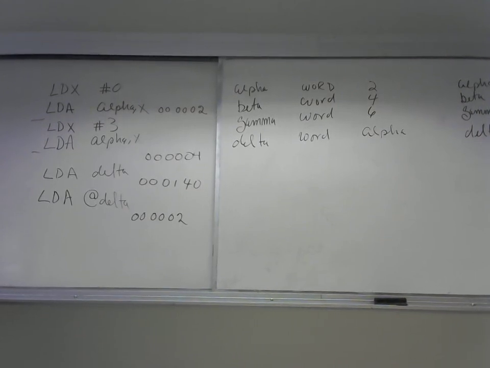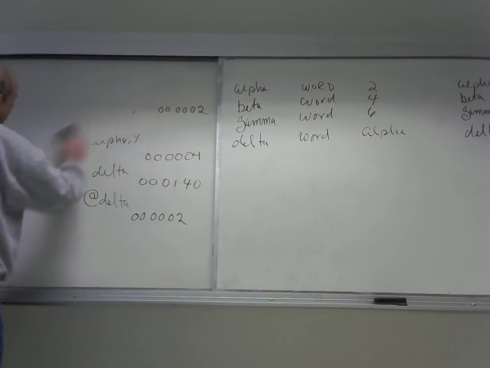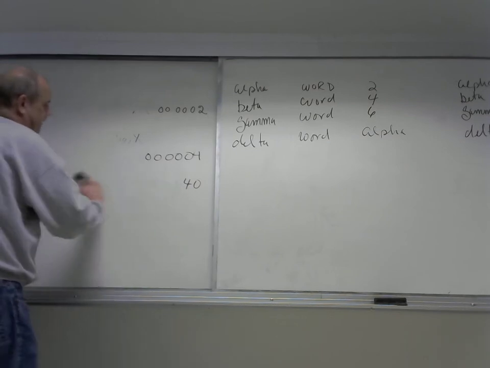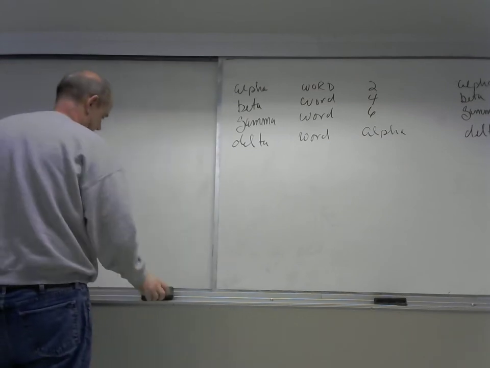Questions? Go to delta and take the value in memory at delta as an address and dereference it. It's a pointer. Okay, so you should expect me to give you a little piece of code and ask you to tell me the result of the instructions. It's not going to be a killer, but you should know how it works. Okay.